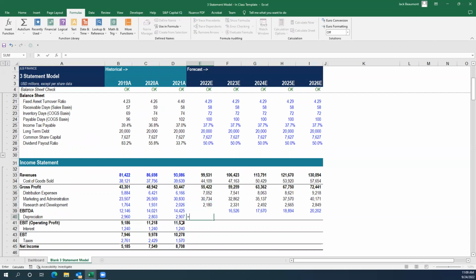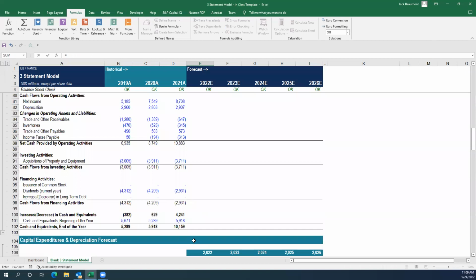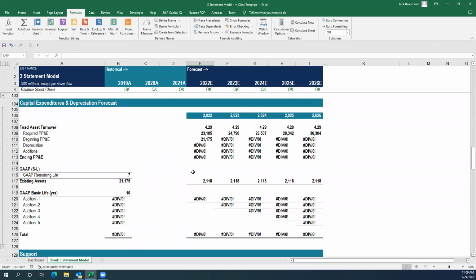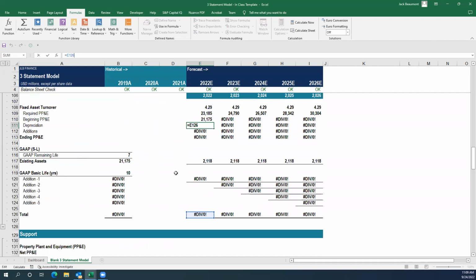Now, depreciation should be down here, and so something's not quite working yet. Let's see what's going on here. Okay, so this is not working here.